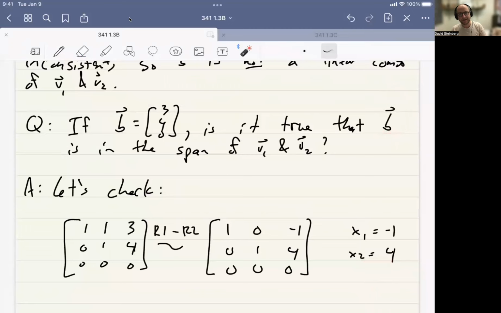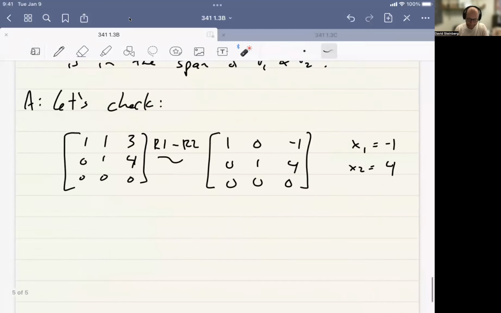So let's check that's true. Our claim is that B is equal to negative 1 v1 plus 4 v2.